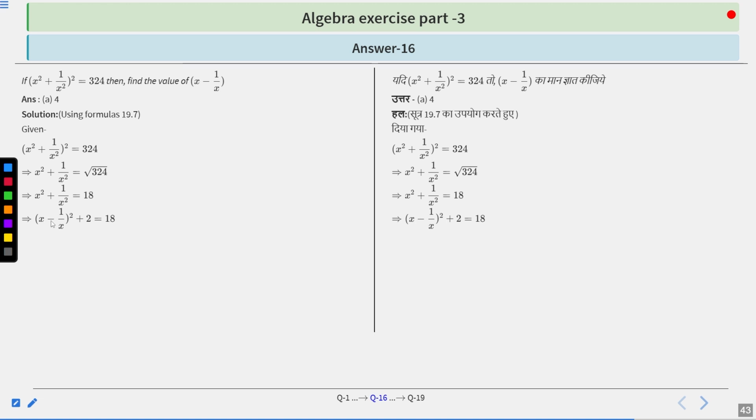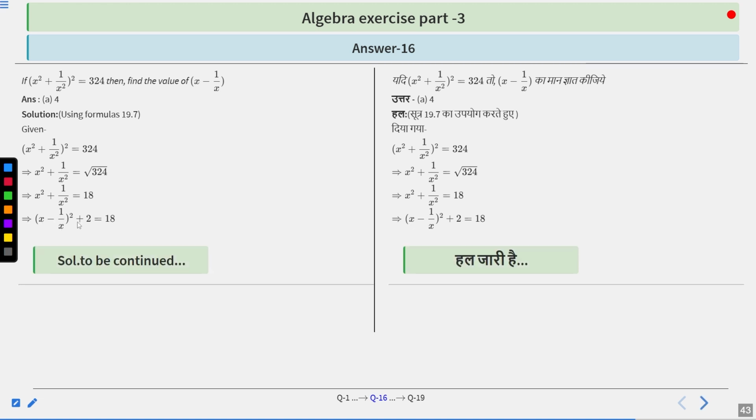So, x square plus 1 upon x square can also be written as (x minus 1 upon x) whole square plus 2, that is equal to 18. Because if we expand (x minus 1 upon x) whole square according to formula (a minus b) whole square and add 2 to it, we again get x square plus 1 upon x square. That is why we have written (x minus 1 upon x) whole square plus 2 equal to 18.